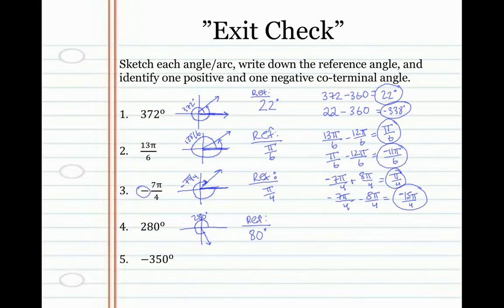So my positive and my negative, let's see. If I take 280 and I add 360, what do I get? So if I'm at 280 and I add that, I have 640 degrees is a coterminal angle. If I subtract 360, I get that negative 80 is a coterminal angle.